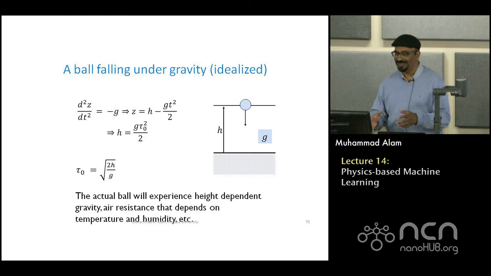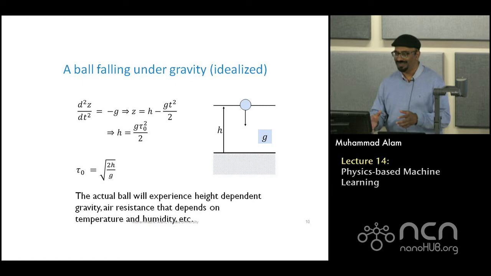But as I said, this is an idealized one. In the real world, this will not happen because, depending on this h, the density of air can vary. Say you're a very adventurous person, jumping off a plane because you have nothing better to do. The density of the air could be changing, the temperature of the air could be changing, the humidity of the air could be changing.